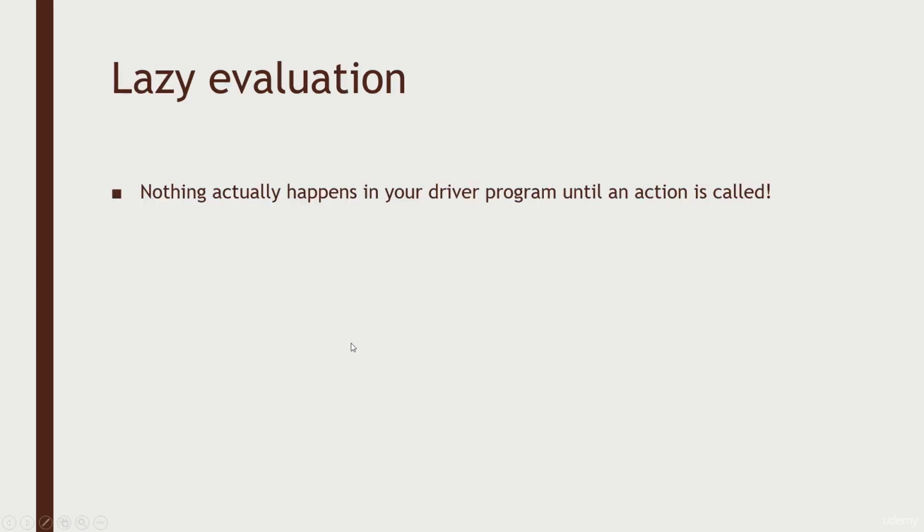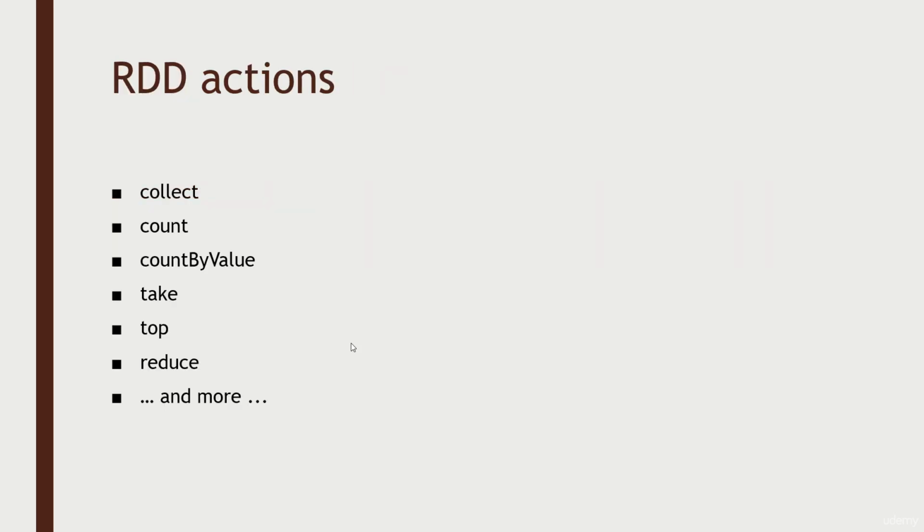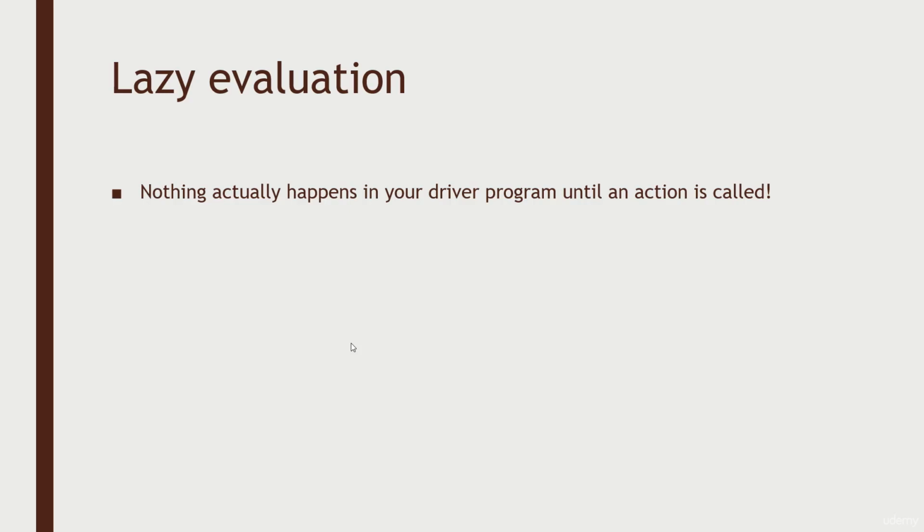And the important thing is that in Spark, nothing actually happens in your driver program until one of these actions is called. Nothing will kick off within your driver script until you call one of these functions on an RDD. At that point, you're basically telling Spark, okay, this is the result that I want to get out of this RDD.